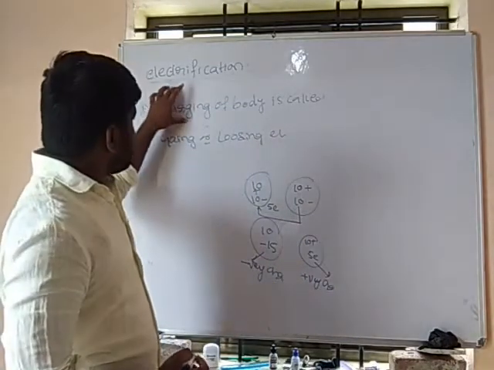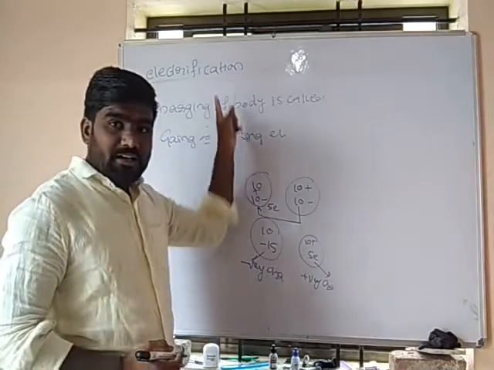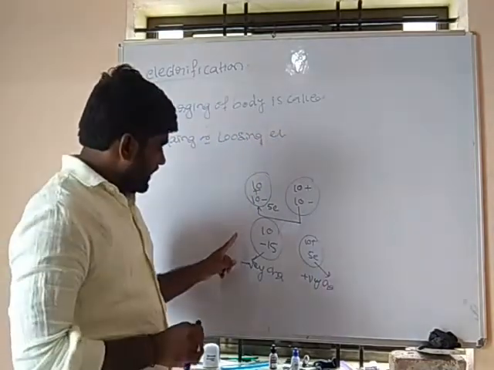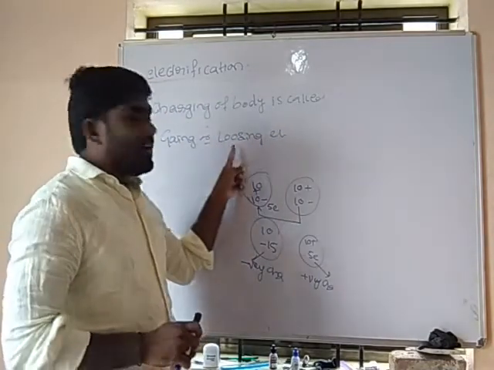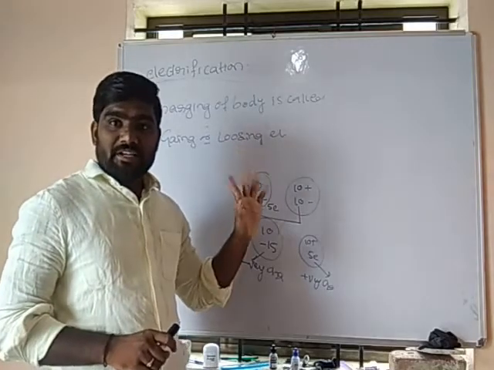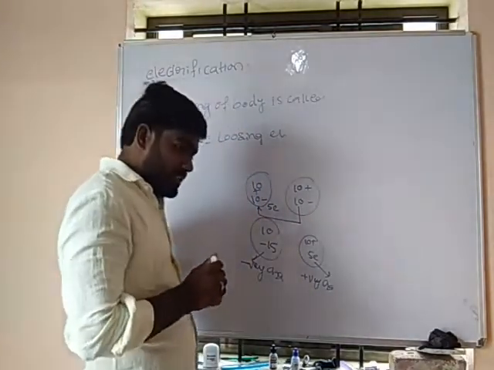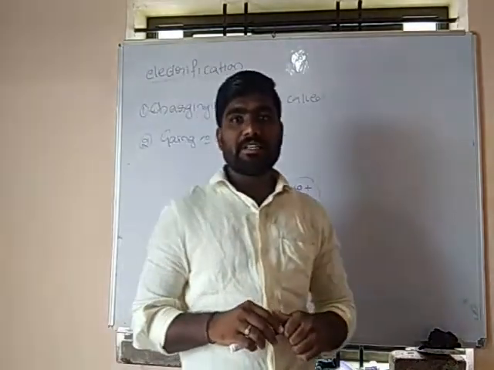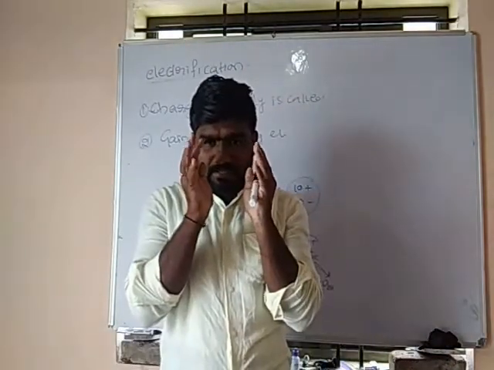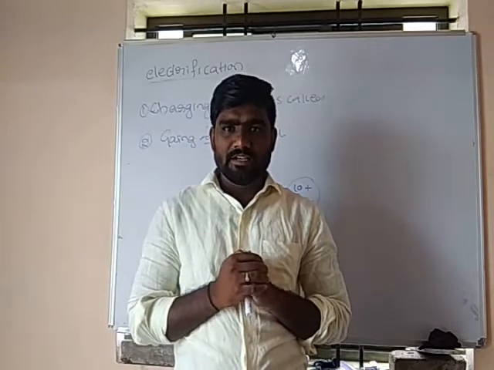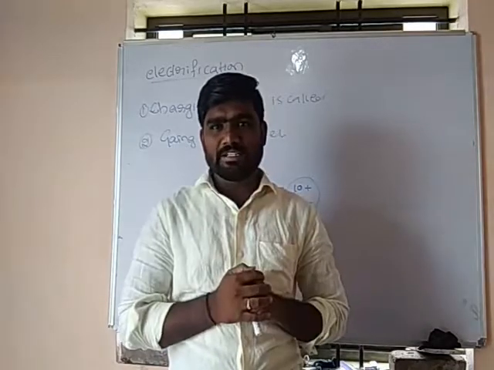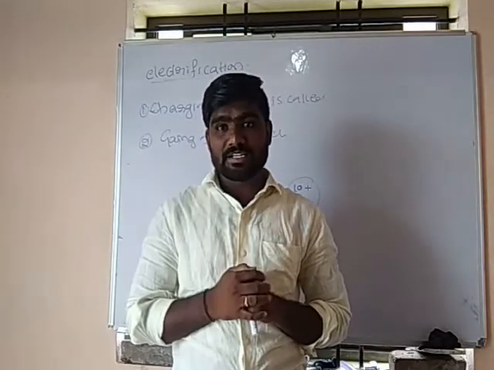So charging of a body is called electrification, and gaining or losing electrons from the body is also called electrification. See here, a very important thing. Let us consider these two bodies. When I rub these two bodies, transfer of electrons takes place.